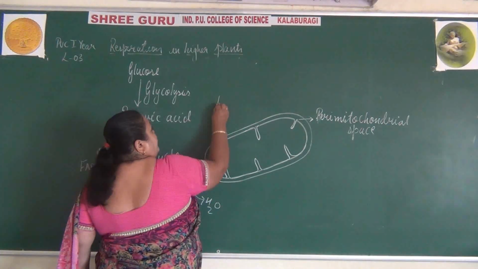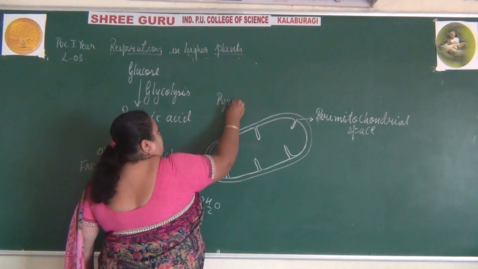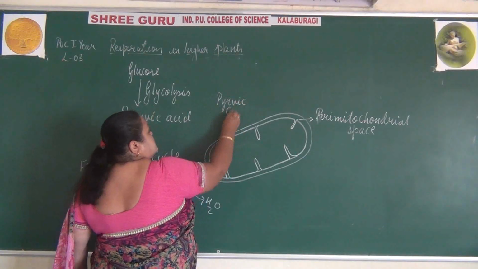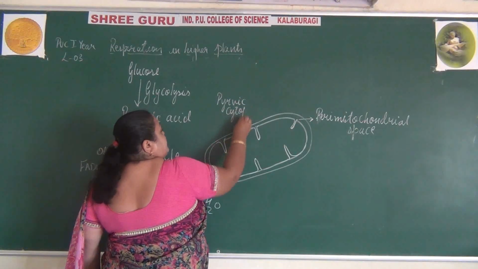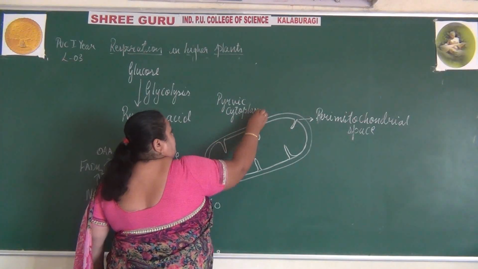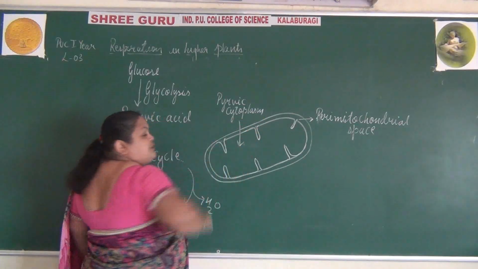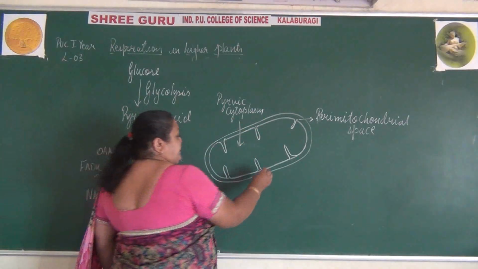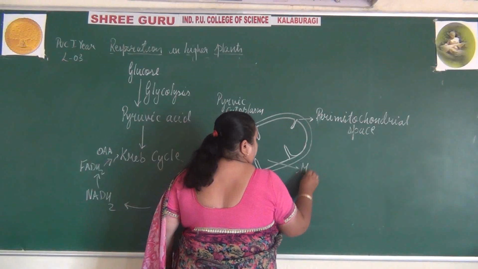Now the pyruvic acid which is produced in the cytoplasm will enter the mitochondrial matrix.